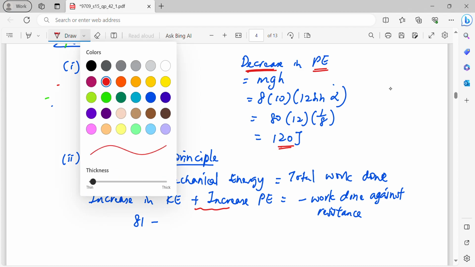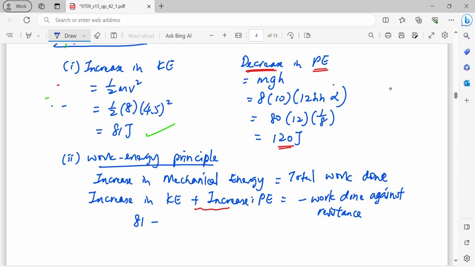By increase in PE, it will be the negative of this value, because 120 is actually referring to the decrease, not increase. So you have to write minus 120. If you accidentally write plus 120, that means there is an increase in PE and no longer a decrease.